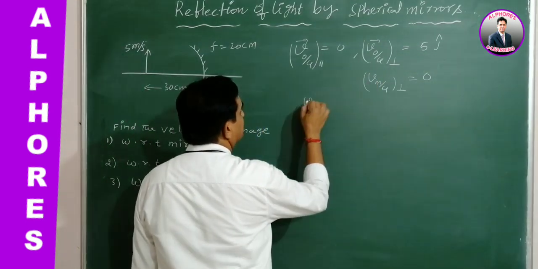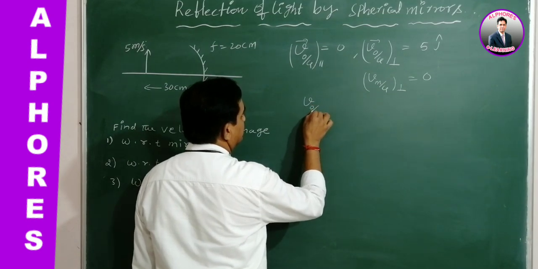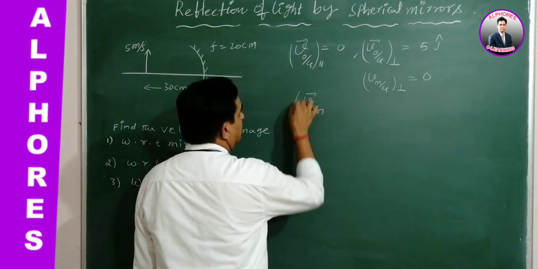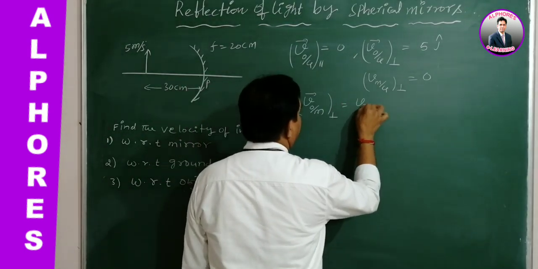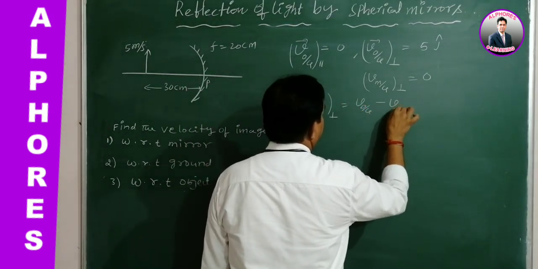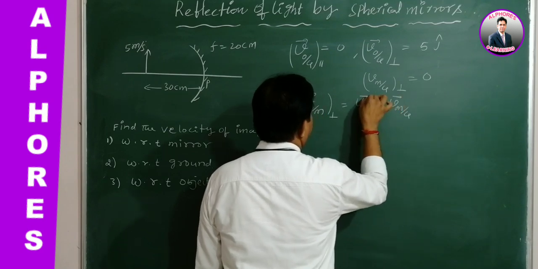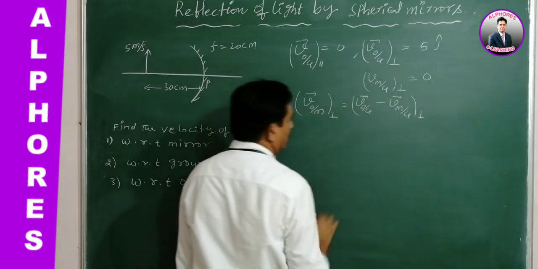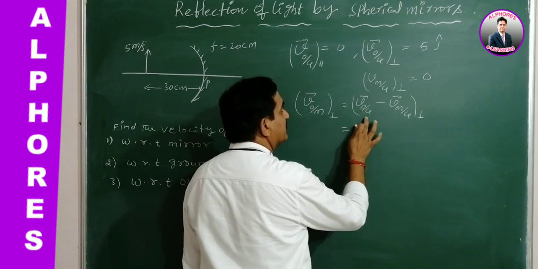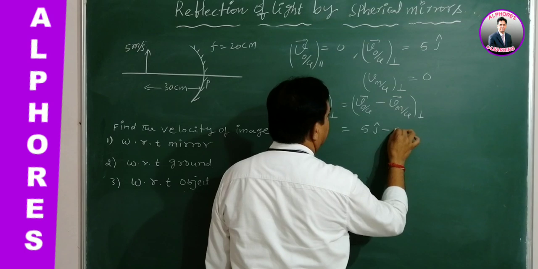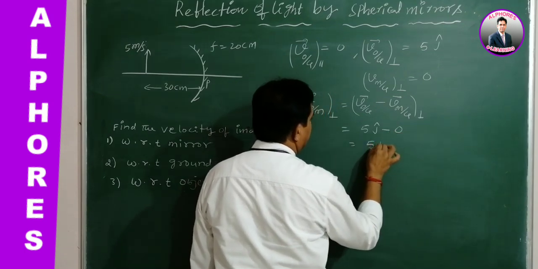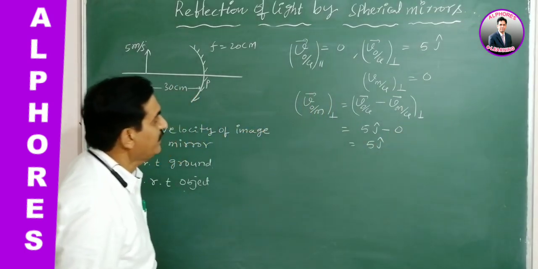So now velocity of object with respect to mirror in the perpendicular direction is equal to velocity of object with ground minus velocity of mirror with ground. Okay, perpendicular component: object with ground is 5j, minus mirror with ground which is 0. This is 5j.